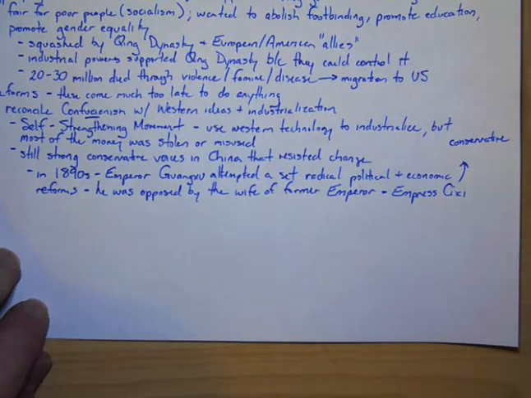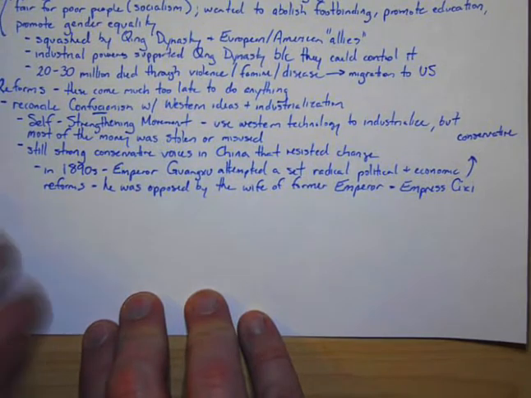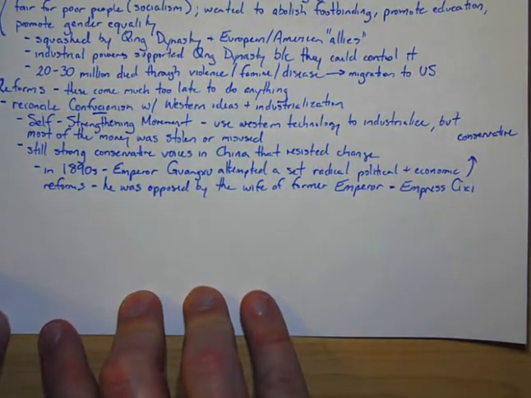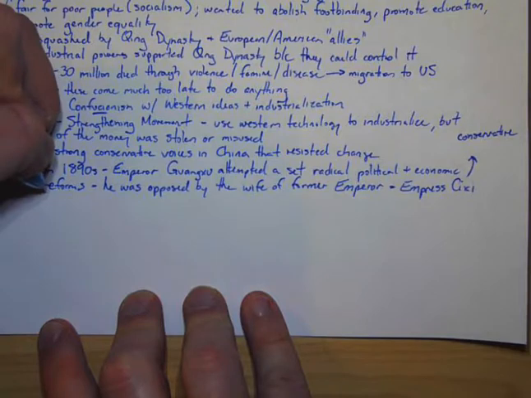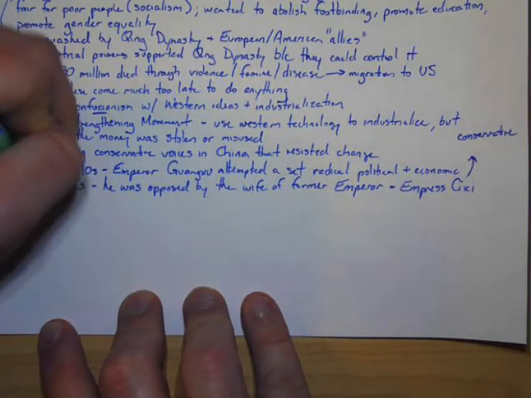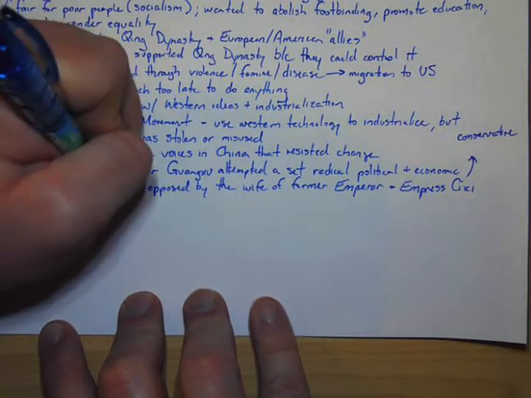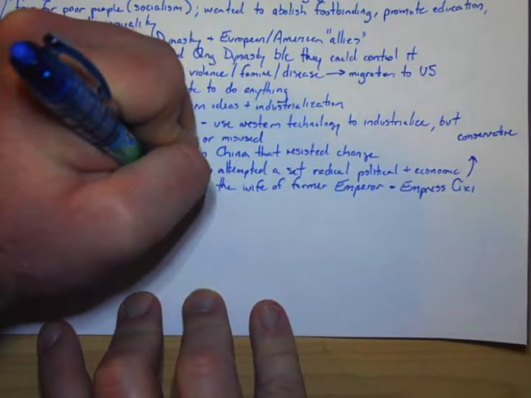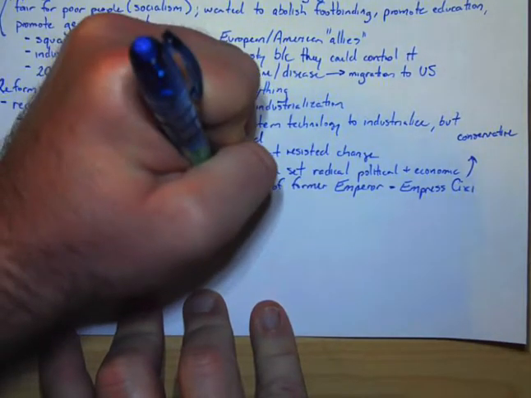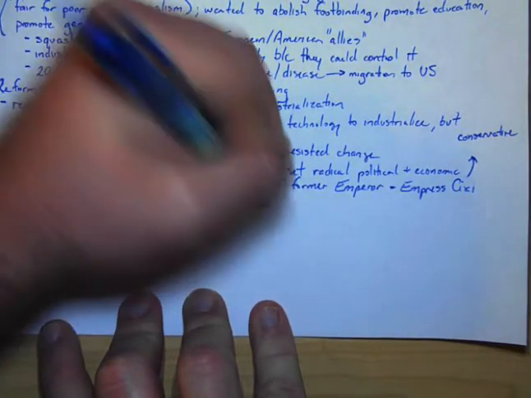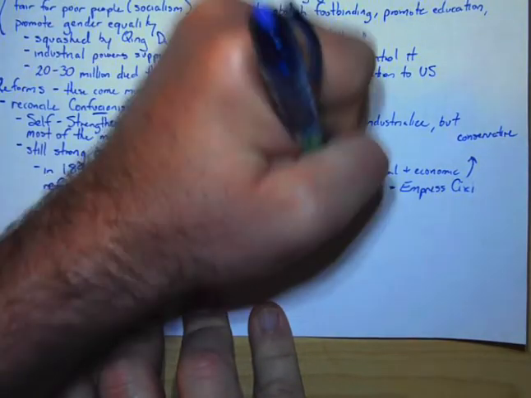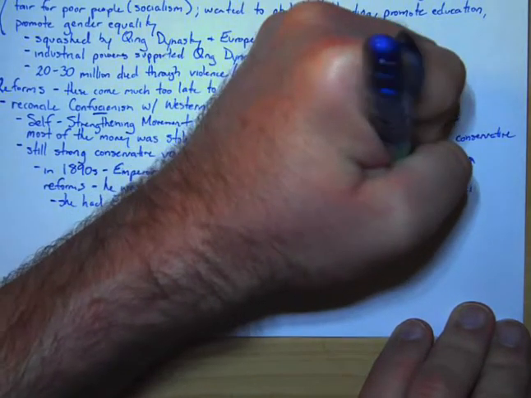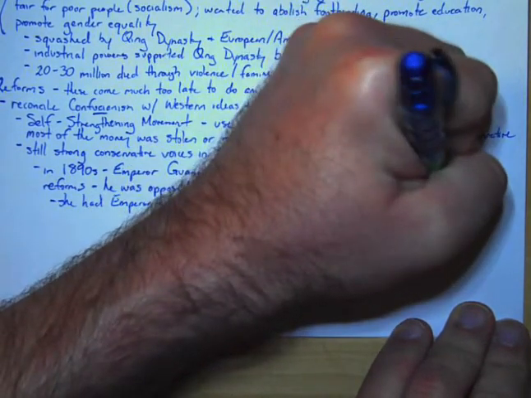He wanted to open things up and try to figure out a way to move China forward. She had the emperor arrested and appointed a new emperor who would follow her.